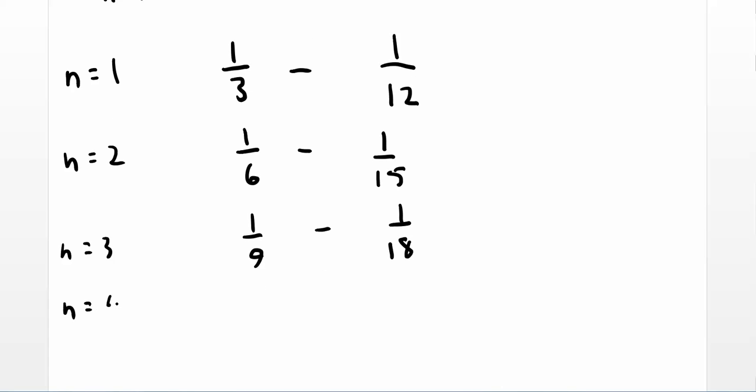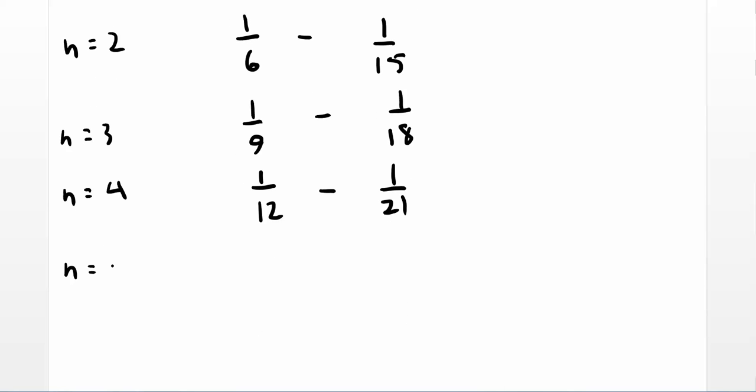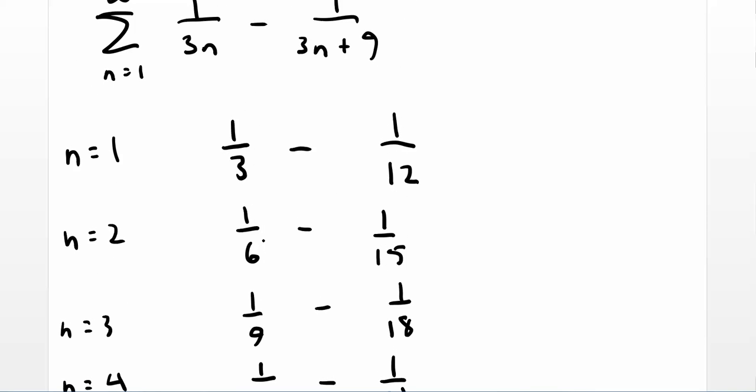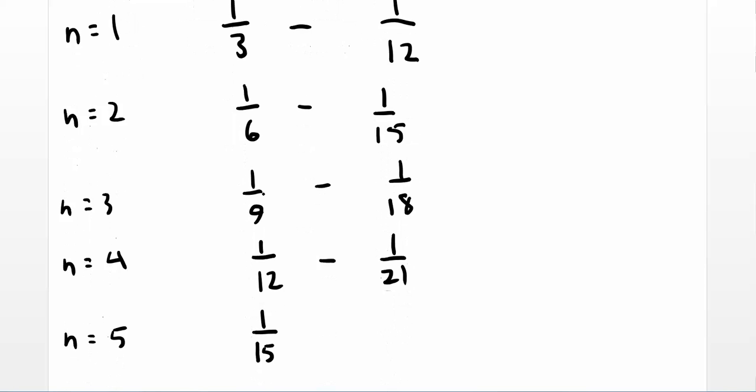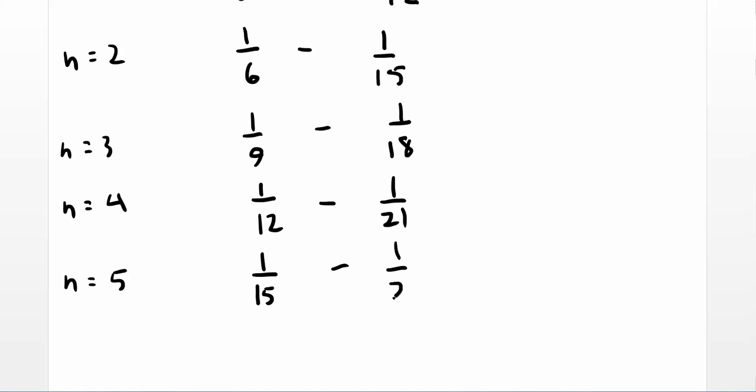N equals 4. 1 over 12 minus 1 over 21, and so on. 1 over 15 minus 1 over 24.